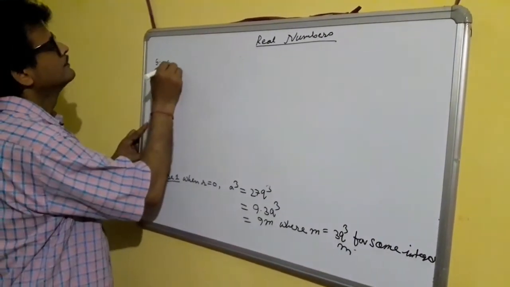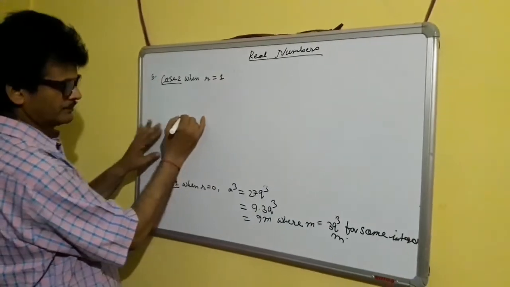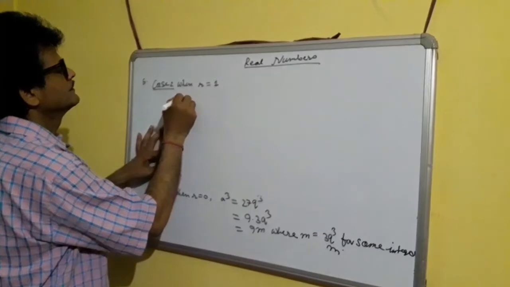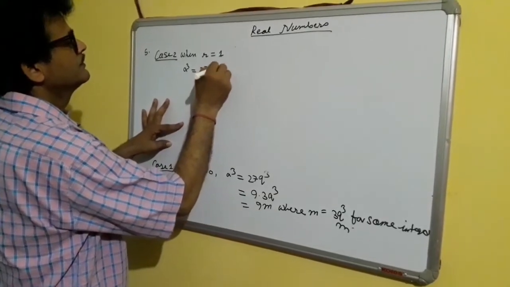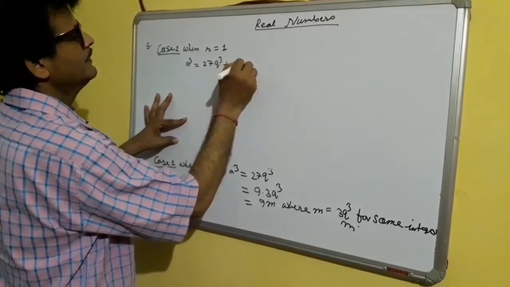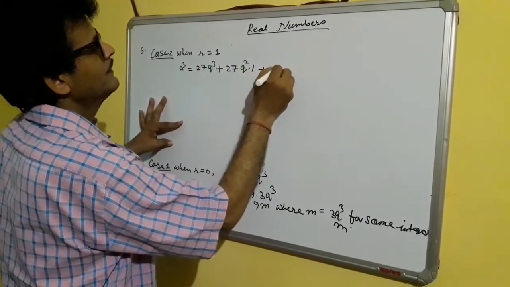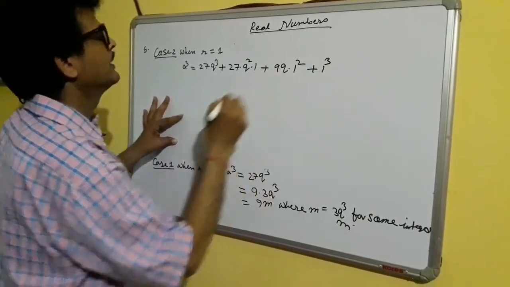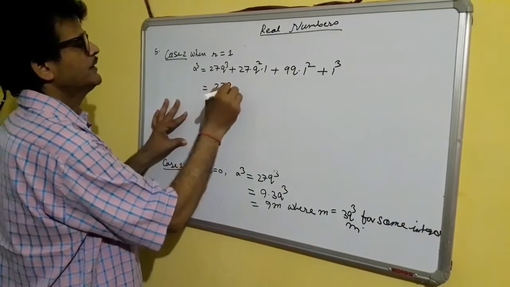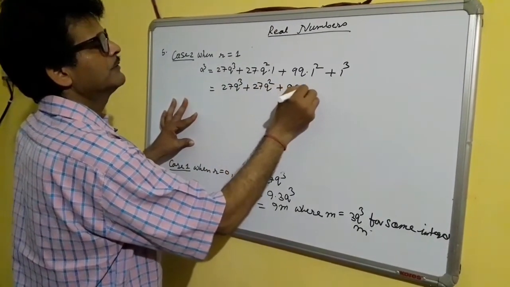Case 2, when r is equal to 1, then a cube is equal to 27 q cube plus 27 q square into 1 plus 9 q into 1 square plus 1 cube, which is equal to 27 q cube plus 27 q square plus 9q plus 1.